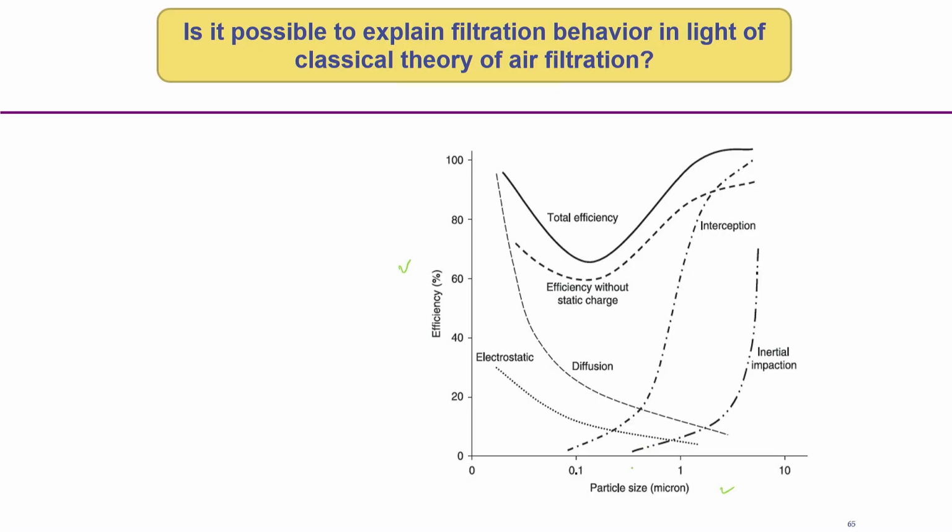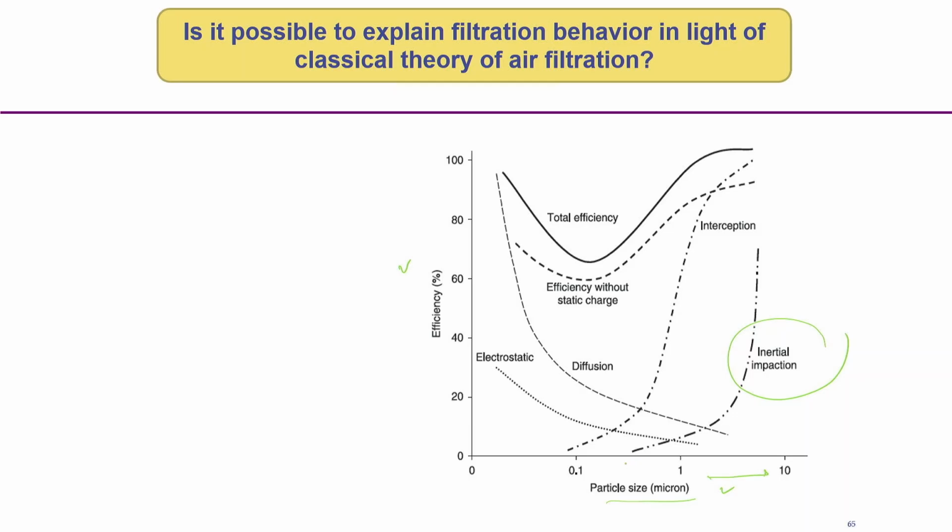Now, here the particle size in micron is on the x axis and efficiency on the y axis. One by one let us see the inertial impaction. Inertial impaction will be more if we have larger particle size.